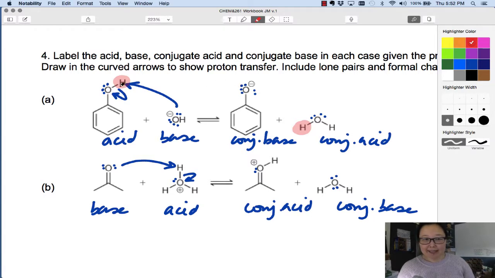So here's my acid is the donor, my base is the acceptor, my conjugate base came from my acid, and my conjugate acid came from my base. Therefore, if the reaction reverses, which it is a reversible reaction, I'm going to have my base grab my hydrogen and go backwards.